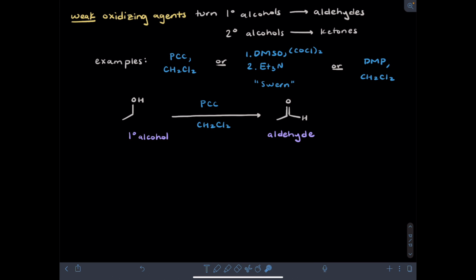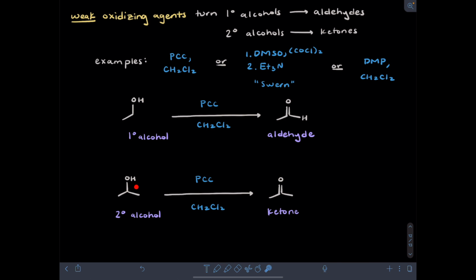This weak oxidant would stop at the aldehyde product and not go on to form the carboxylic acid by further oxidation. Or if you treated a secondary alcohol with a weak oxidant like PCC, it would convert that secondary alcohol into a ketone instead. Here I've removed a hydrogen from the central carbon and a hydrogen from its neighboring oxygen to form the carbon-oxygen double bond.